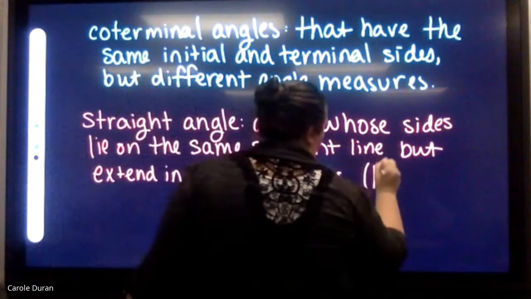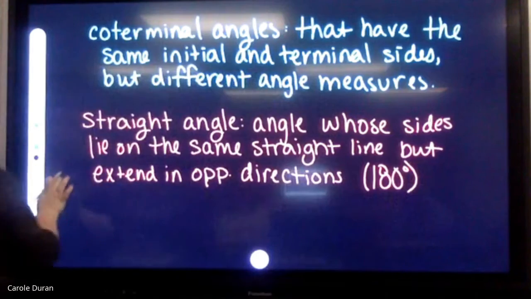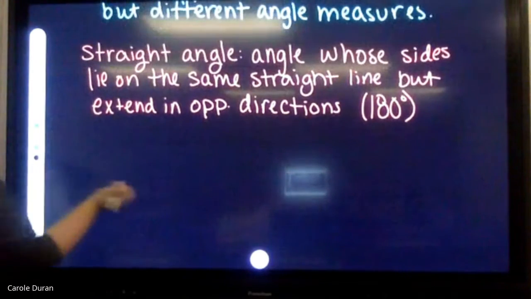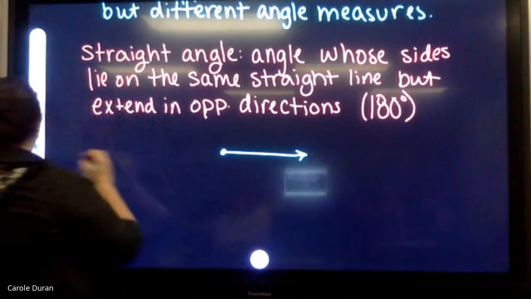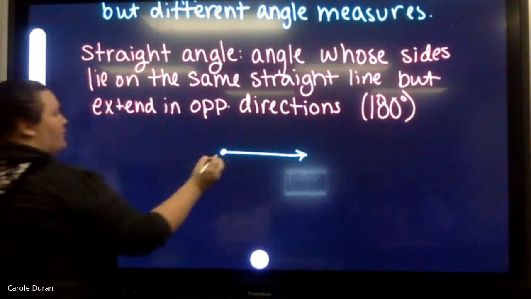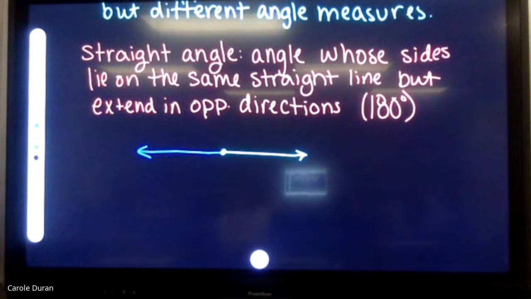This is also a 180 degree angle. So if I were to draw a straight angle, if I had my vertex and I had my fixed side, to be a straight angle, my terminal side would have to lie on that same horizontal line as my fixed side, but extend in the opposite direction. So that would be a straight angle.